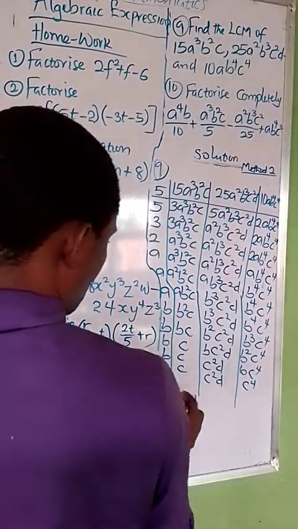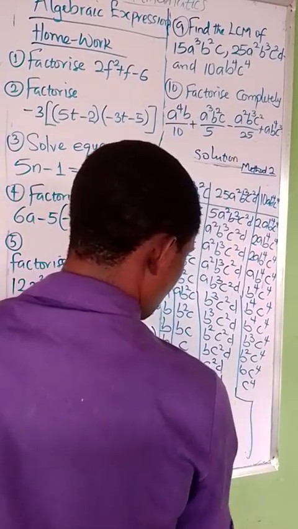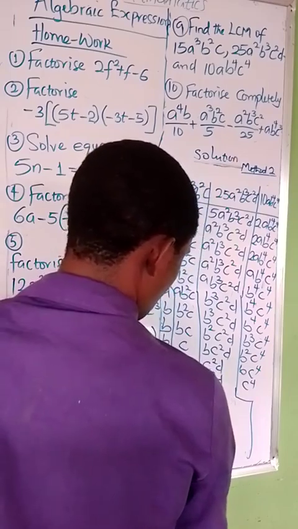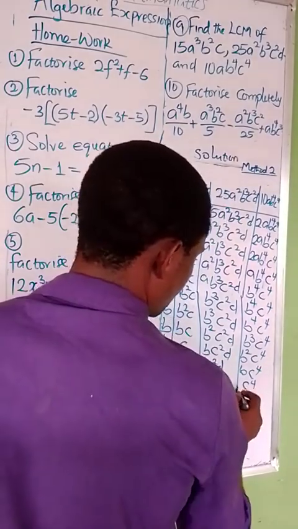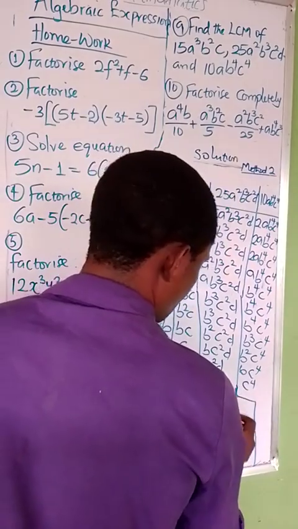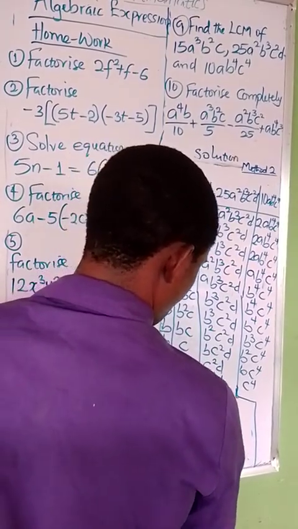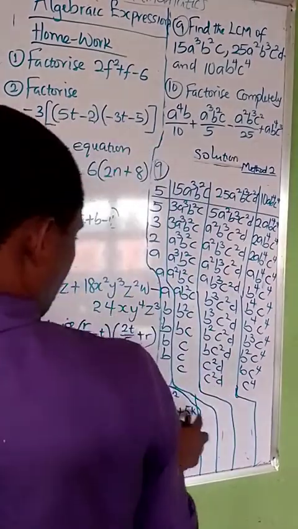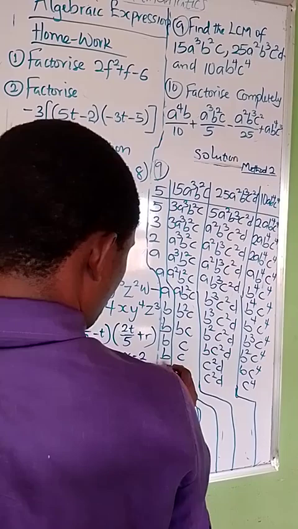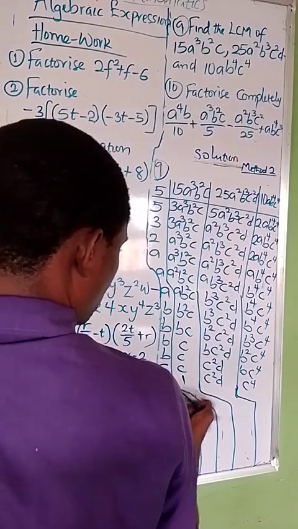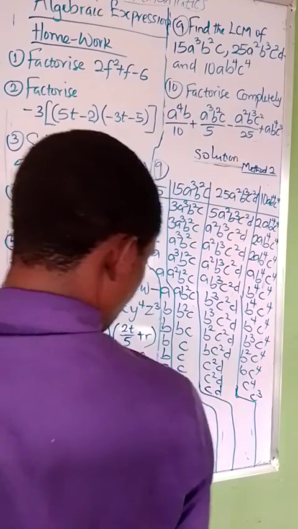Then we go to the next. Because of the space, let me shift it here. Okay, so we have c factored out, so c, then d, then you have c cubed.